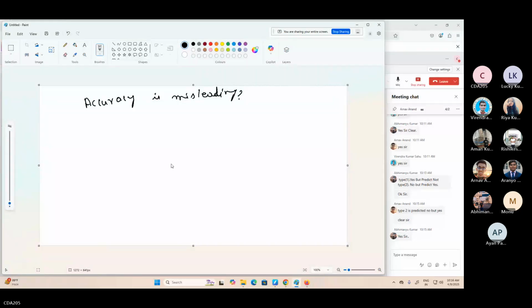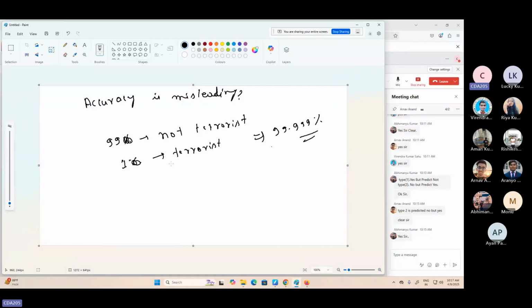How we can see that? मान लो कोई हमारे पास डाटा सेट है जो कि 99% कहता है नॉट टेरिस्ट और 1% कहता है टेरिस्ट. तो हमारा अगर इसका देखेंगे इसकी एक्यूरेसी कितनी आएगी? 99.99%. मतलब हमारा मॉडल जो है 99.99% एक्यूरेट दे रहा है. मतलब हम कोई भी डाटा देंगे वो कहेगा कि वो टेरिस्ट नहीं है, नॉट टेरिस्ट. तो ये तो हमारा क्रिटिकल हुआ ना. क्रिटिकल इंफॉर्मेशन है कि एक भी अगर टेरिस्ट है तो दैट विल बी डेंजरस.